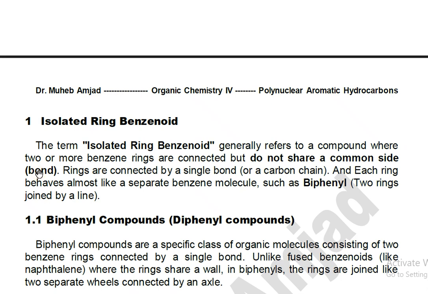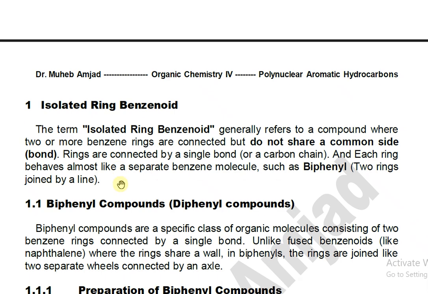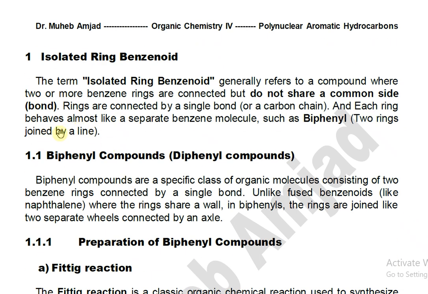That means there is at least a single bond between the rings. So rings are connected by a single bond or a carbon chain of one or more carbon atoms, and each ring behaves almost like a separate benzene molecule, alone, such as biphenyl, two rings joined by a line, meaning the bond.